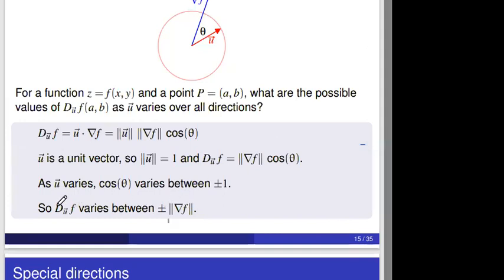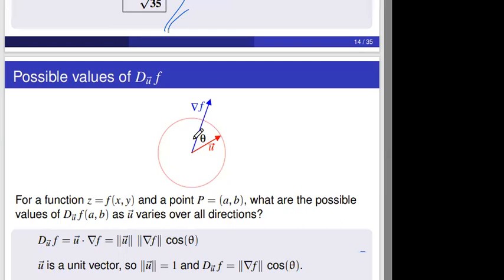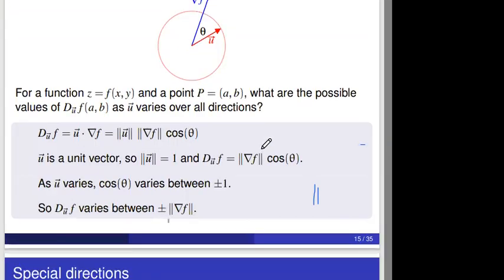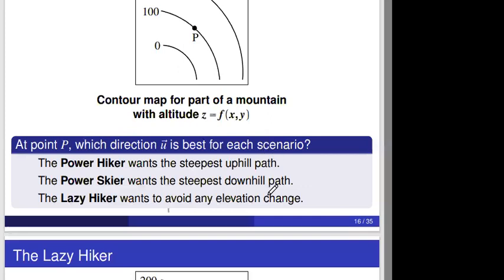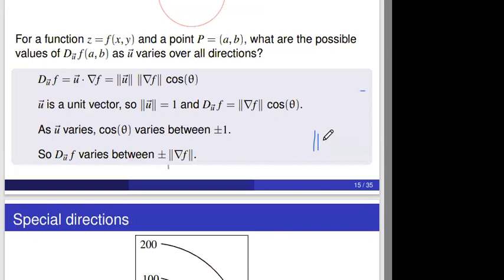What is the maximum slope? If you have a power hiker who wants the steepest uphill slope, he has to take this direction, this slope. This is the gradient at that point. If you have a power skier, you know skiers, right?